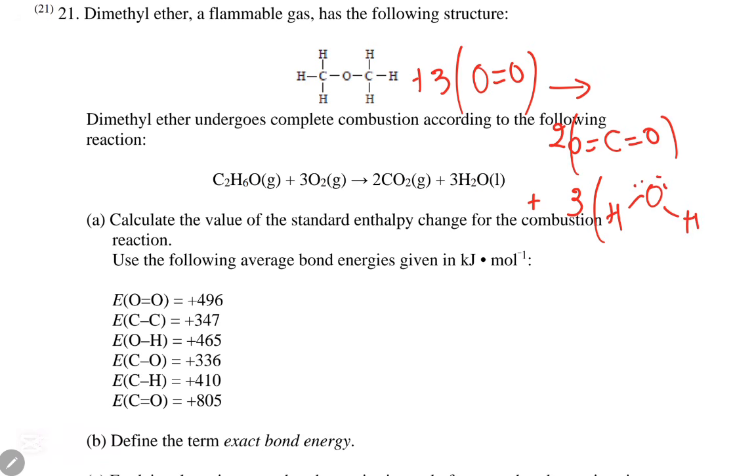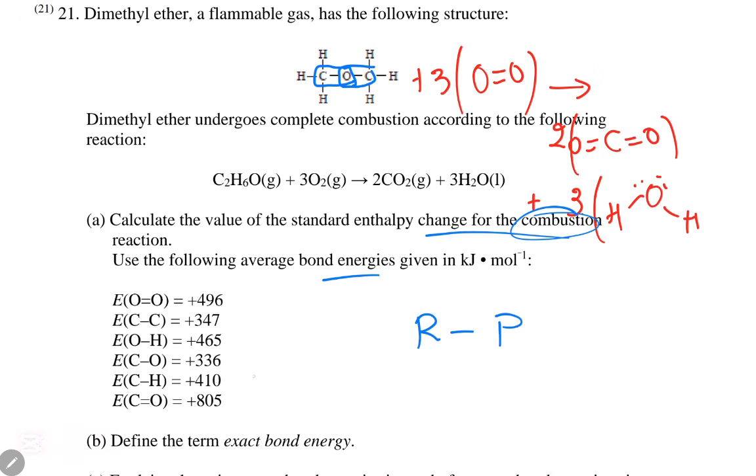Right? So now I have the bonds drawn in front of me. I'll be able to imagine. So here the same thing we need to do to find the enthalpy change of combustion: reactants minus products. They gave me bond energy, so of course I need to do bonds broken minus bonds formed. So here I have 2 carbon-oxygen bonds.